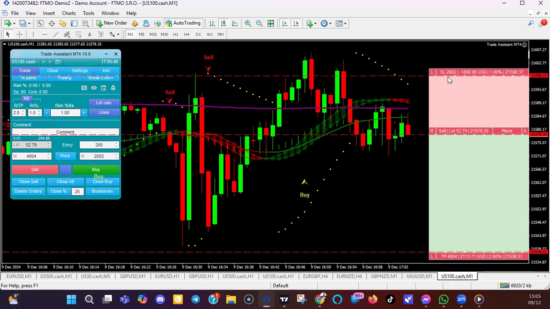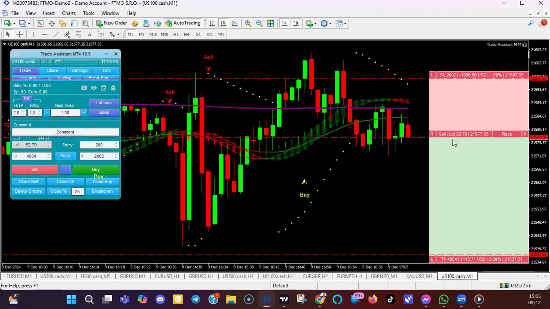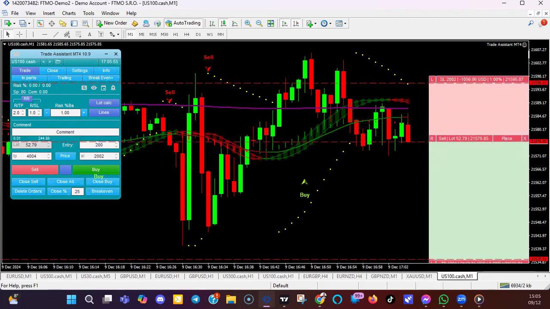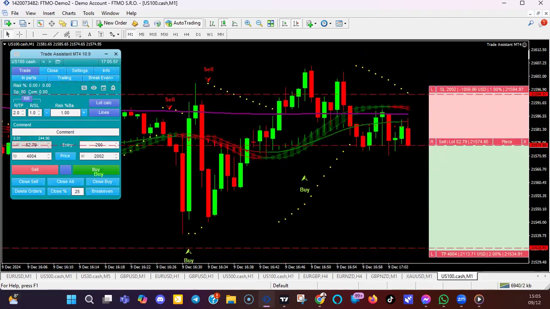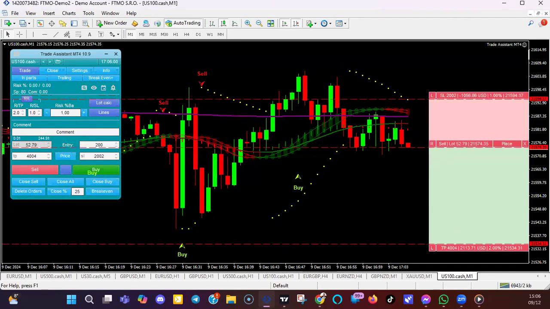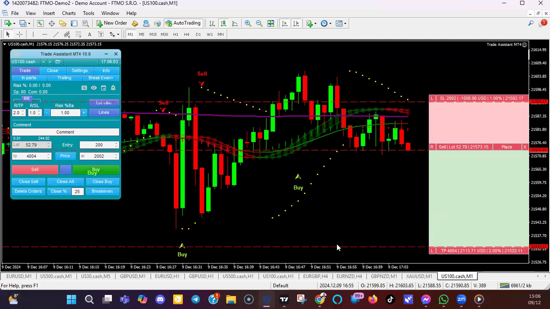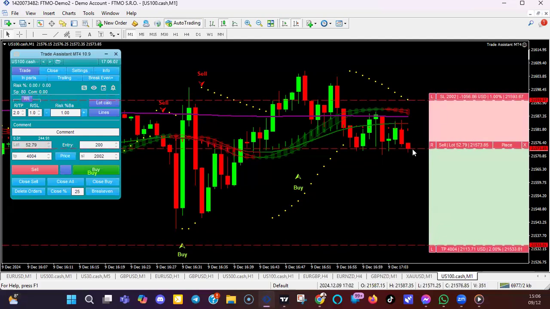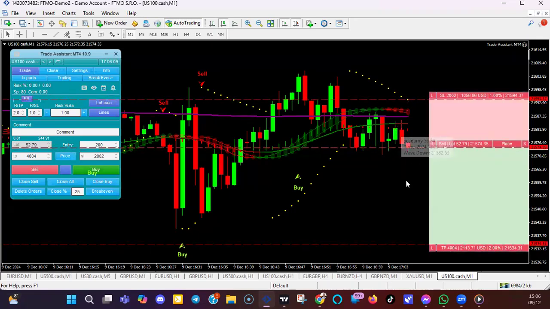Keeping my 2,000 units, which is roughly about 2 pips. That's why it is where it is. But of course, I've got to wait for the all-important sell alert to appear. Trendline's already gone red. Wave's gone red.